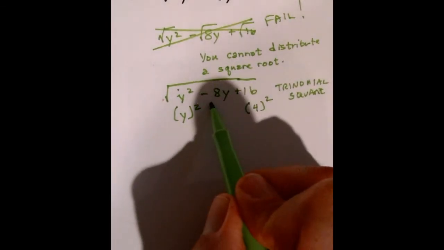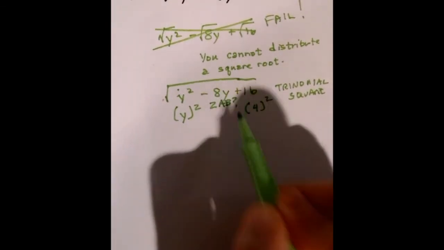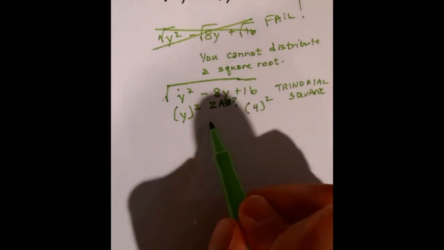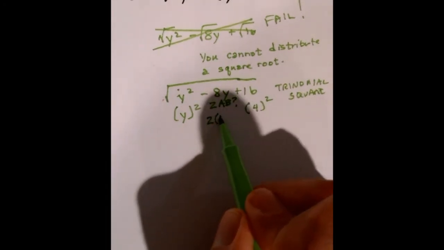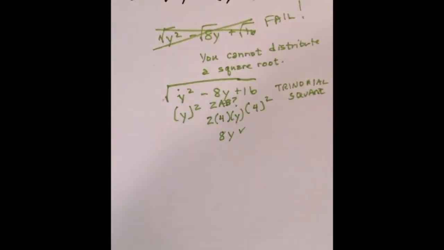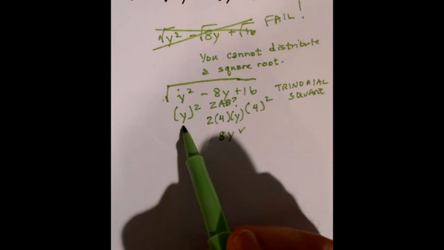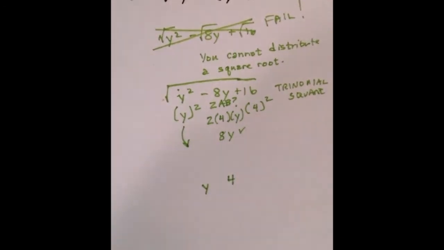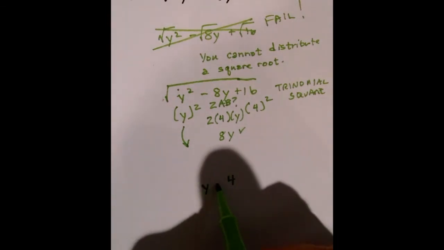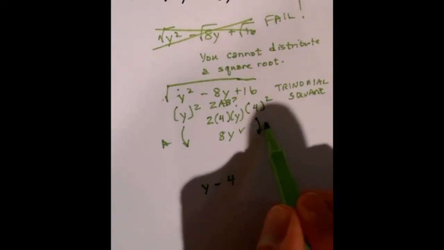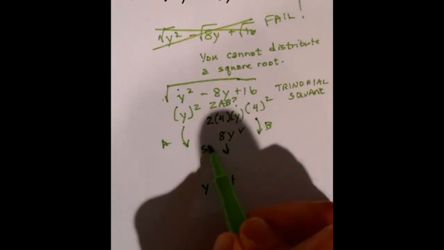Wouldn't it be cool if this middle number made it a trinomial square? If it was equal to 2ab? Well, 2 times 4 times y is in fact equal to 8y. So, this term gives me the a, this term gives me the b, this term gives me the sign, right? So here comes the a, here comes the b, here comes the sign.